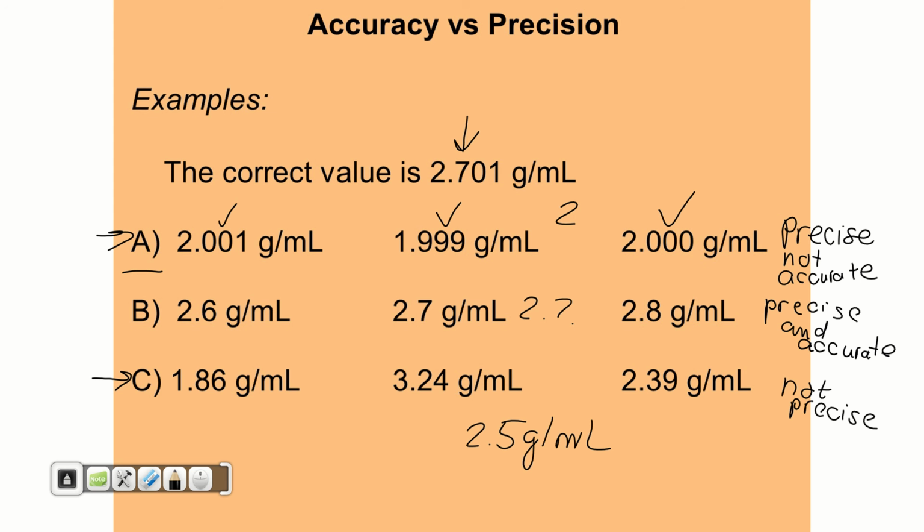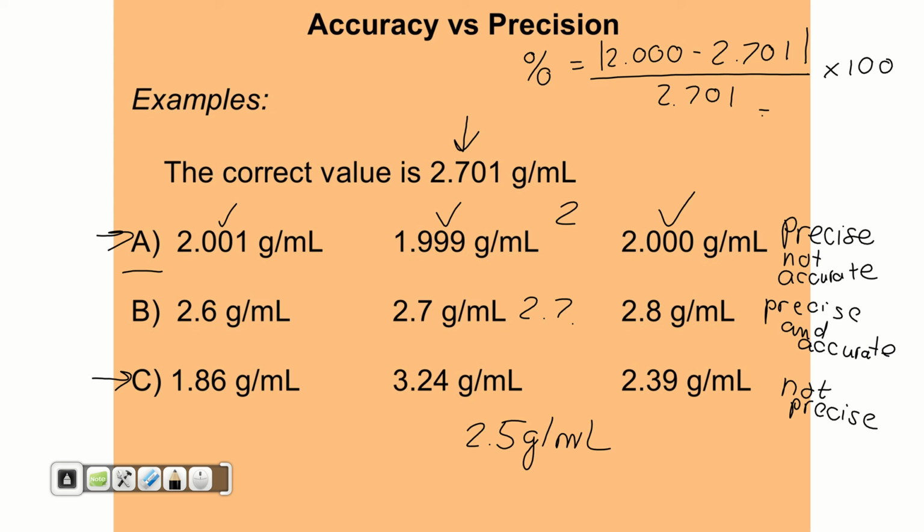If I want to do a percent error calculation just to show it, I'm going to use group 1. It would be the absolute value of 2.000 minus 2.701, divided by 2.701, all times 100. And so this should be 0.701 divided by 2.701 times 100.